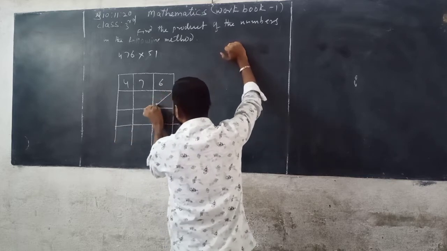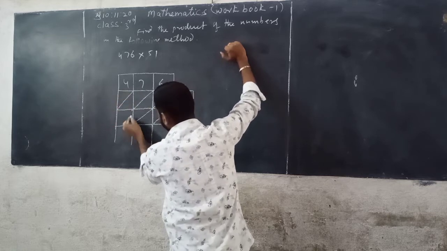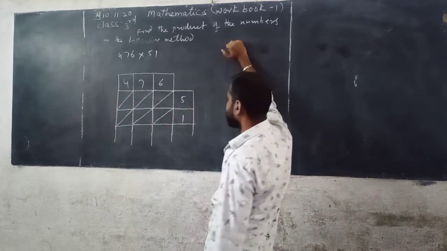Then draw the diagonals for each cell. Say first 51 now.